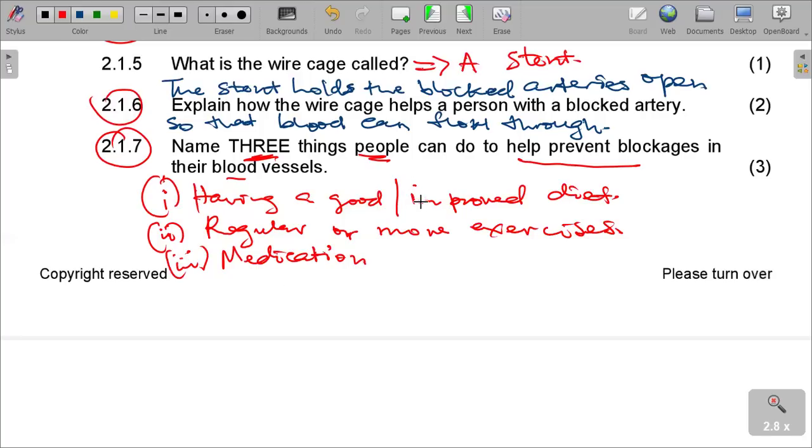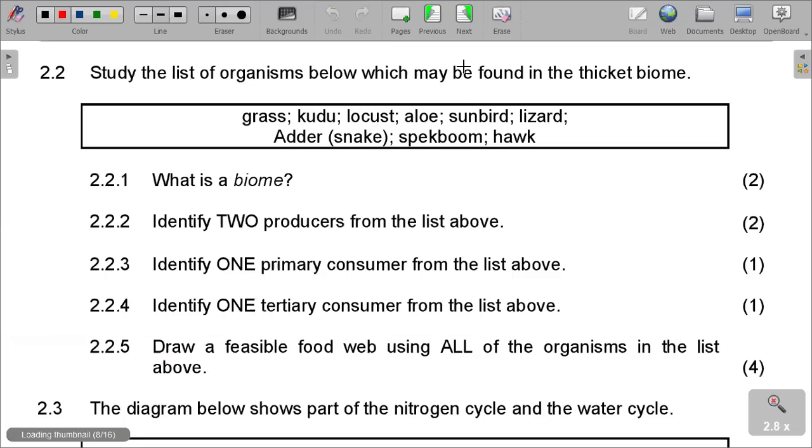These can help to prevent blockages of blood vessels. Improved diet means foodstuffs which have less cholesterol, and also exercising, and the use of medication can also help. That is 2.1.7. Next question.